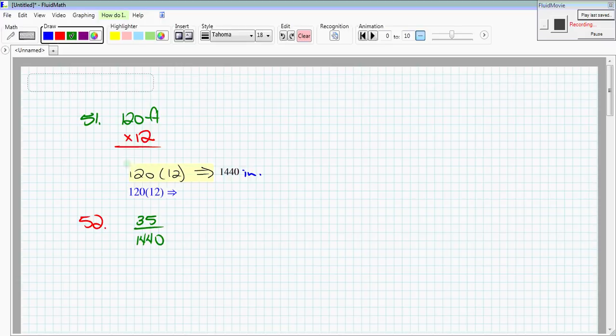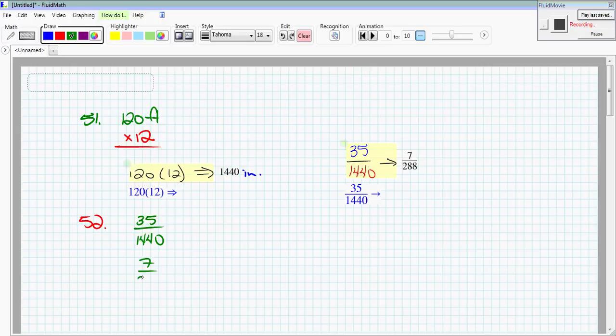It'll probably be easier in your multiplication if you reduce that. These can both be reduced by 5. When you do so, it's 7 over 288.